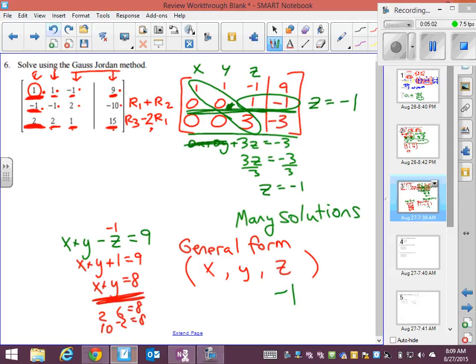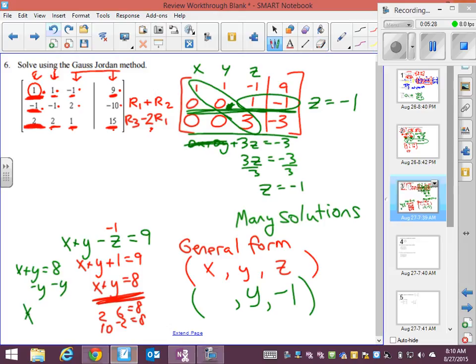What we could do is take our equation, x plus y equals 8, and we'll use y as a parameter, meaning the variable we want to see. And so I'll just solve this for y, subtract x. I've got y equals 8 minus x. That's not what I wanted to do. I want to subtract y, sorry.